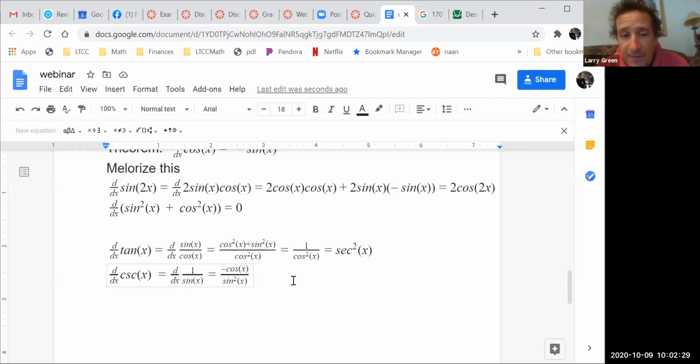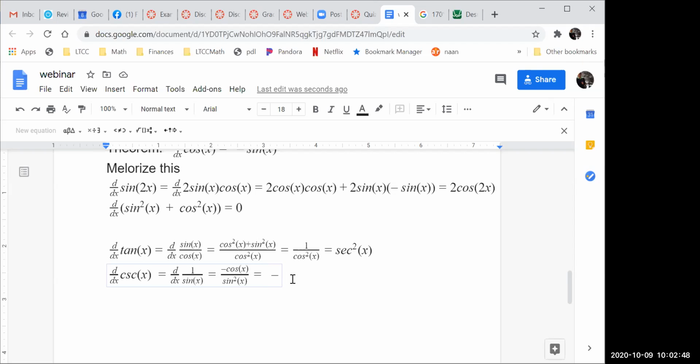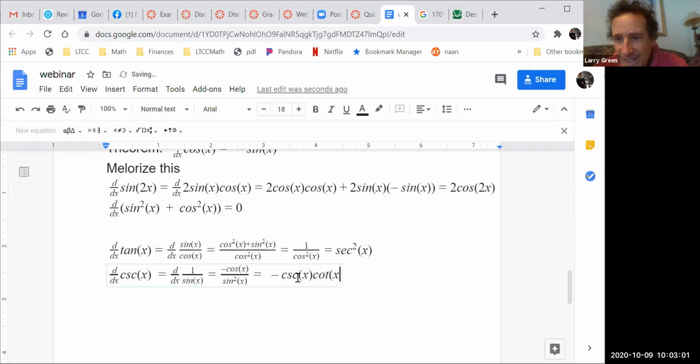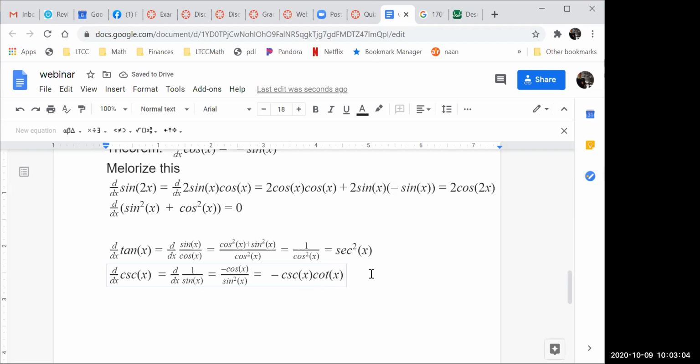We could rewrite this first as a negative. How do you write this without any fractions? It's the cosecant of x times the cotangent of x, negative. The cosine's on top, so cotangent. Any questions on that?